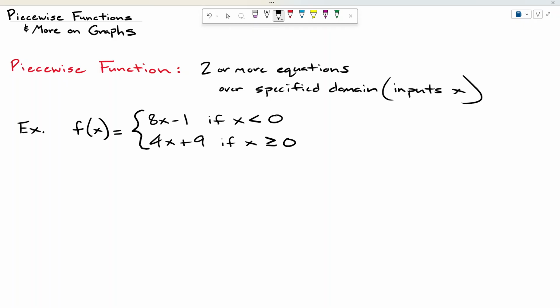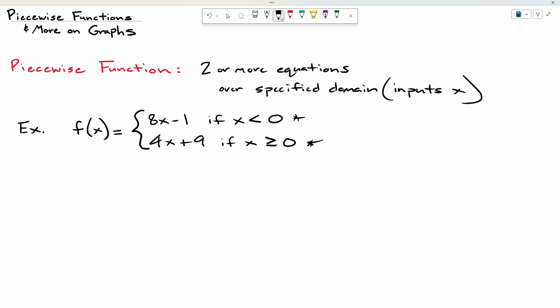So let's start here first and look at what we have. We have a function, f of x, and it's defined by both 8x minus 1 and 4x plus 9. So how do we know which one to use to input our variable? That's what the last part tells us right here, the last part in each line.